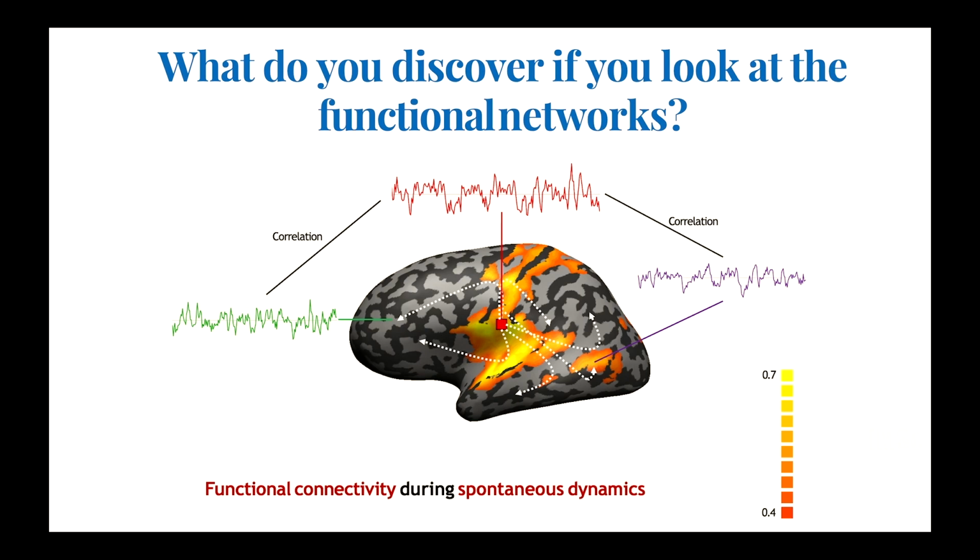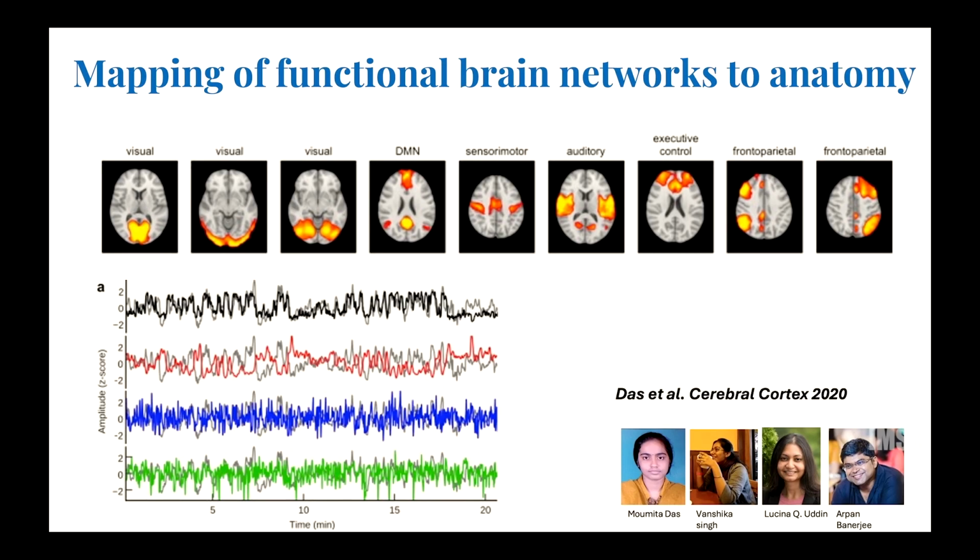Now, if this is our data, this is what we want to model using our approach. Secondly, we can also look at the amplitude in terms of the Z scores for these brain regions and find the maps of these regions using independent component analysis.